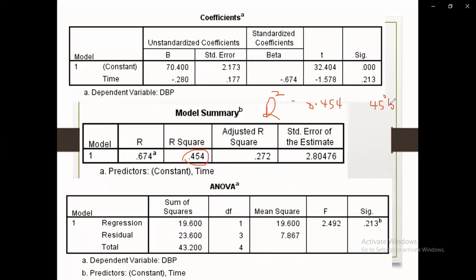And nobody wants to dwell on a model which is less than 50% accurate. As a threshold, your R square value should always exceed 50%. A 50-50 chance, at least, for us to be sure that we can utilize this model.